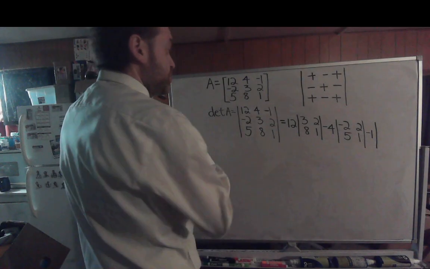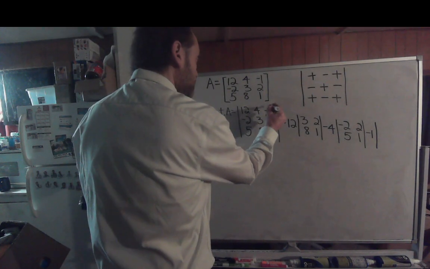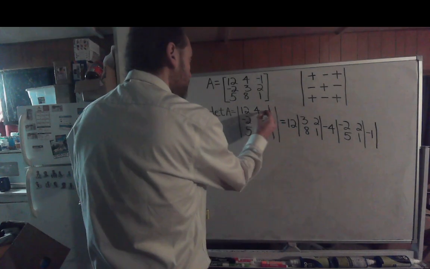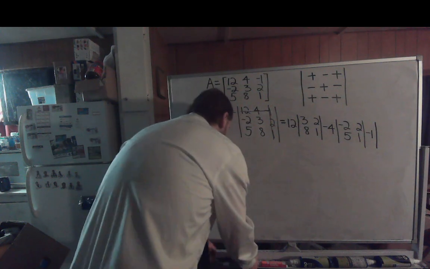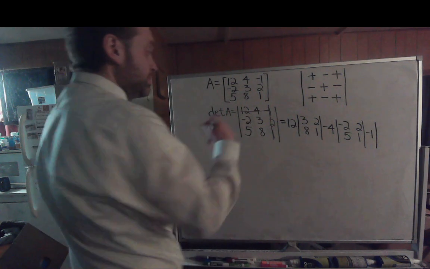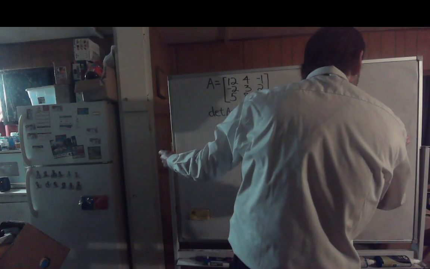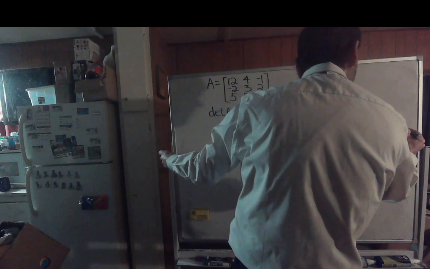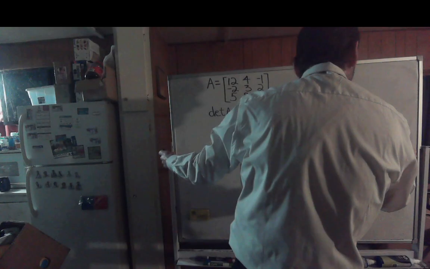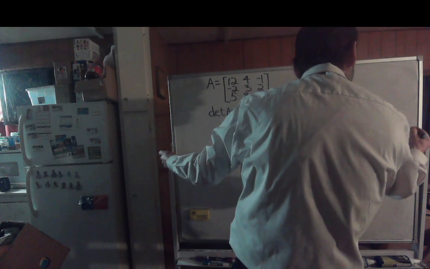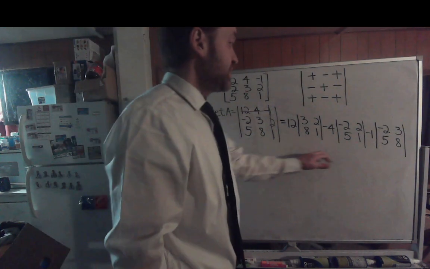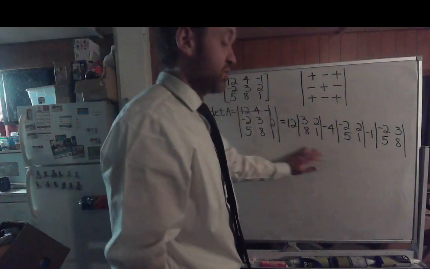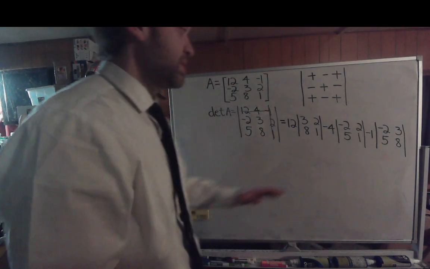So strike out the column that -1 occurs in and the row, which would give you what's left over, the determinant of -2, 3, 5, and 8. So this becomes 3 2 by 2 determinants multiplied by some numbers.